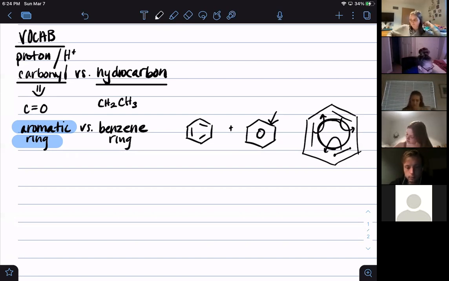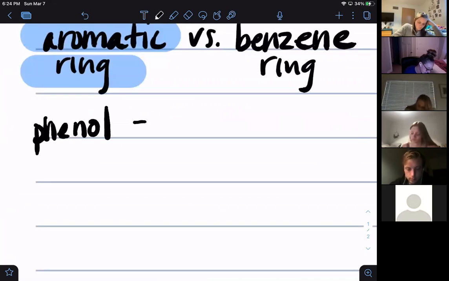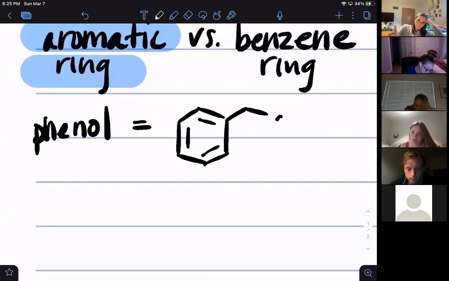And then the last piece of terms, vocabs for chapter 4. Again, another thing for functional group, and we'll get in there. I want you to be aware of what a phenol is, okay? That's a phenol, okay? What is this?